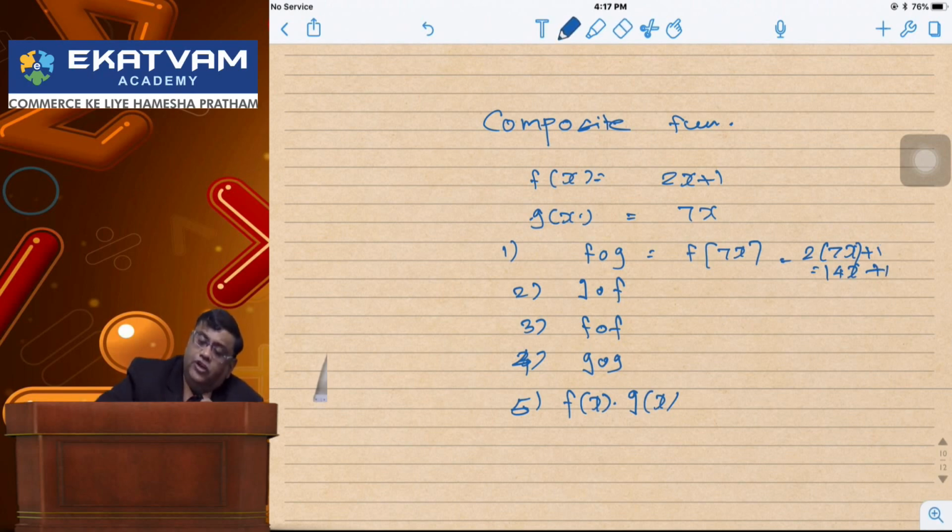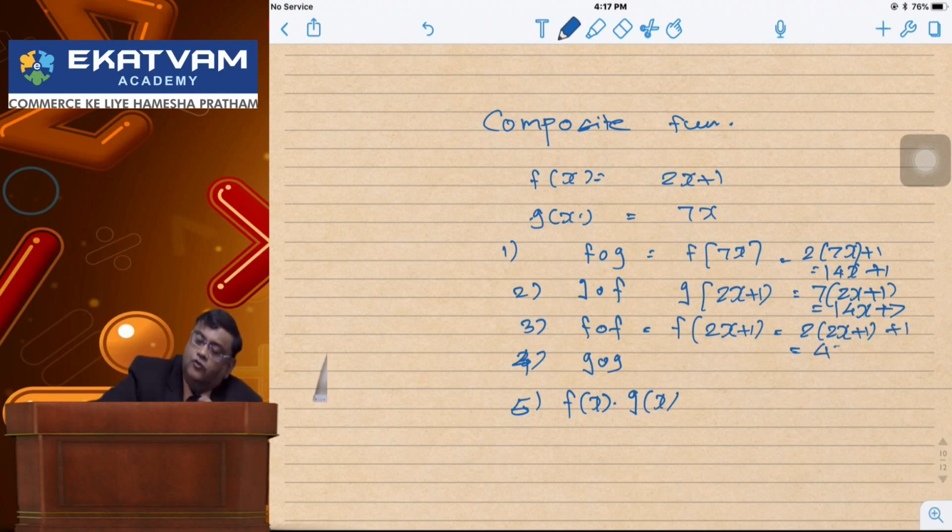Tell me what will be g(f(x)). So it will be g(2x + 1), which is 7 into (2x + 1), so it is 14x + 7. What will be f(f(x))? It will be f(2x + 1), which is 2 into (2x + 1) plus 1, so 4x + 3. Check.